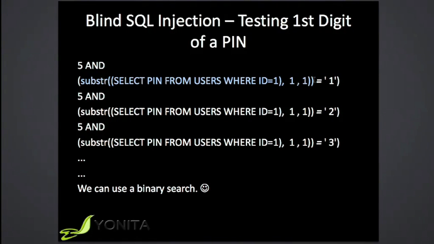If we don't get it, and instead we get the error, it means that it's false. And in such a way we can test all 10 digits, and we can find out which one is valid. Or we can use a binary search to speed up the process. So that's blind SQL injection, which can be used to find out a lot of data in our database.